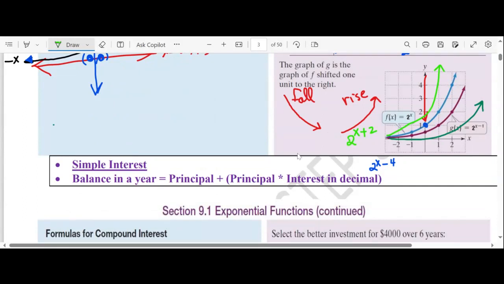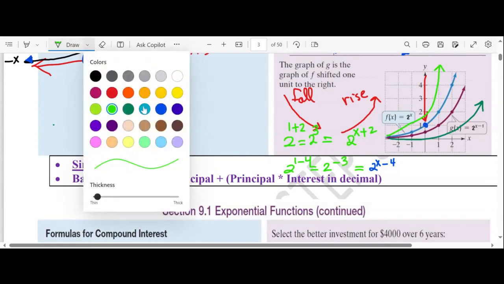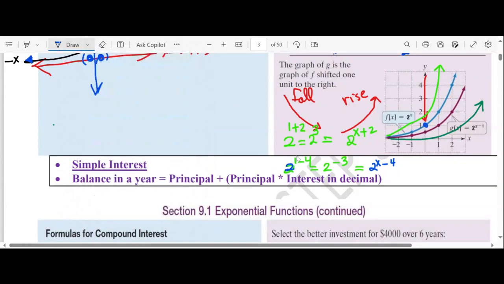Is this clear? Yes, sir. I will tell you why. If I say 2 to the power of 1, how much is 2 to the power of 1? 3, right? Now, if I do this one, 2 to the power of 1 here, minus 4, it's going to give you what? Minus 3. Is this clear? So that's why it's flattening. The value is going flat.